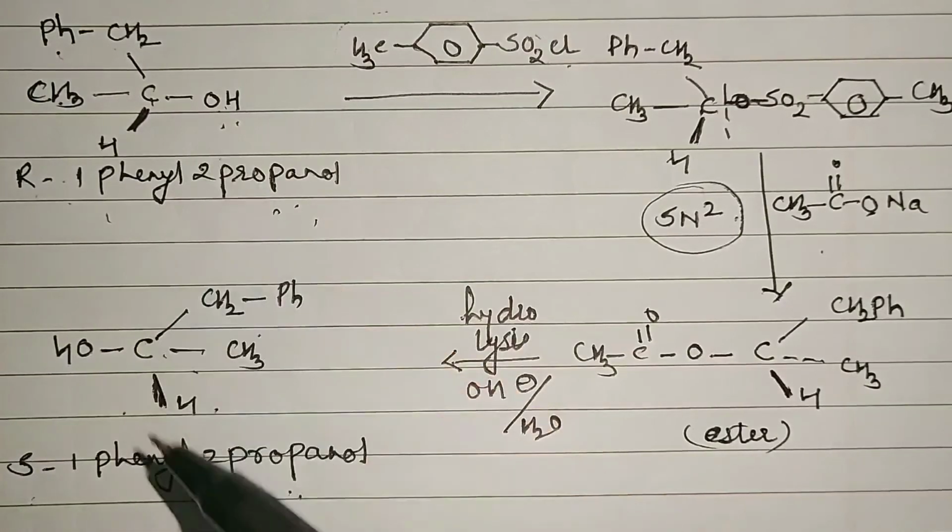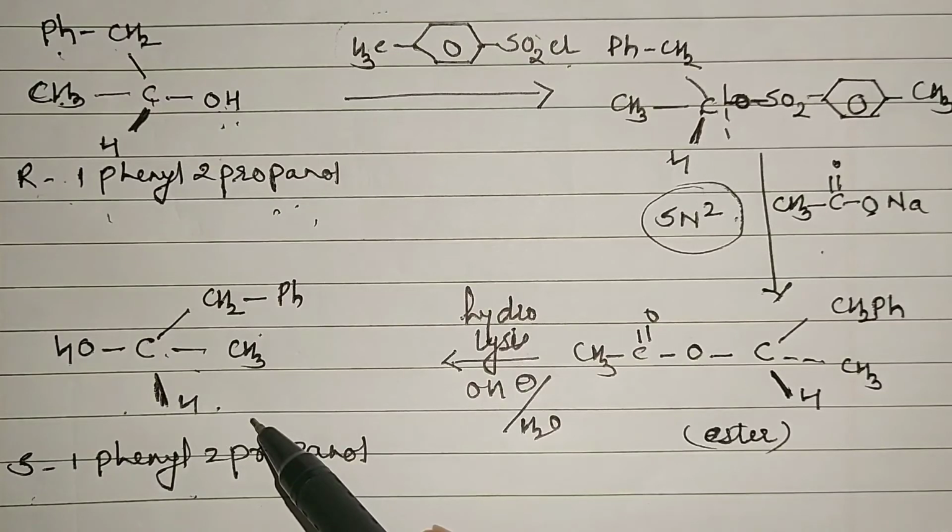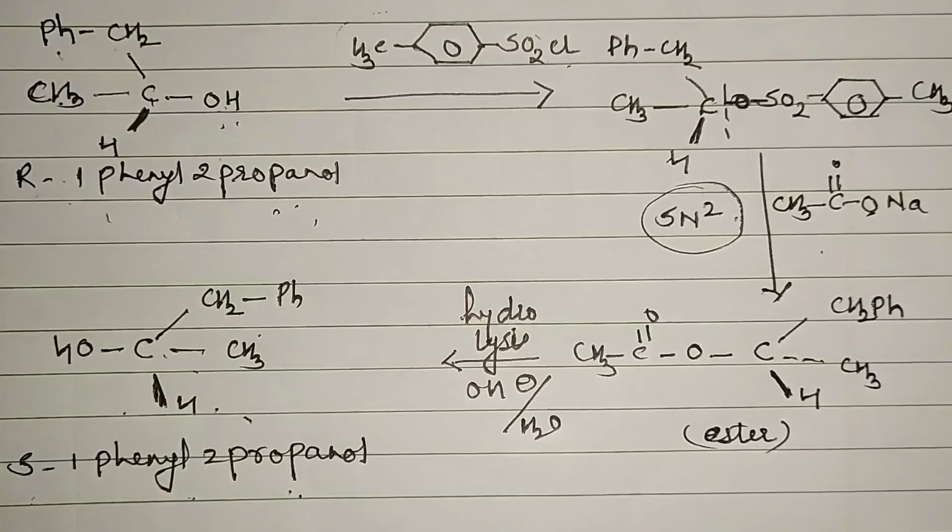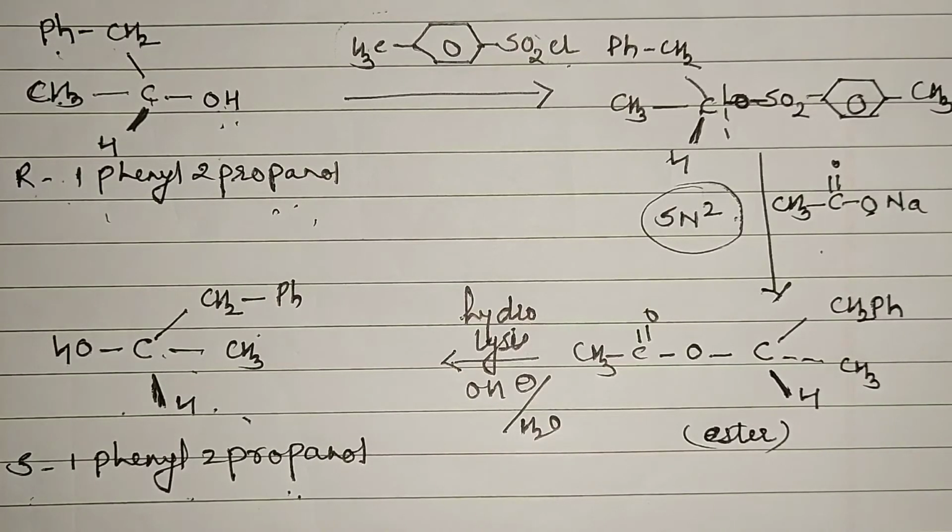The substrate as well as the product are both alcohols, so we can easily compare these two, and we conclude that inversion of configuration has occurred in the series of reactions. This proves that in the SN2 reaction, inversion of configuration takes place. So this is the stereochemical implication of the SN2 mechanism, that is, there is inversion of configuration.